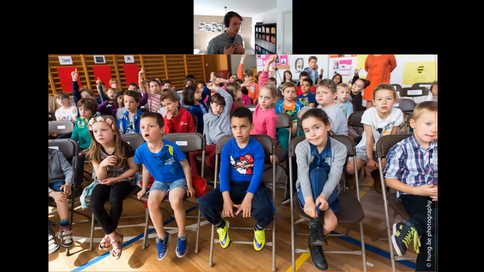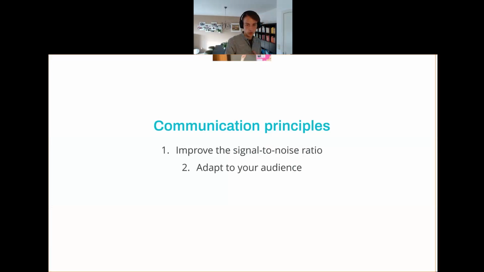And we as researchers often have the automatic intent to make everything as complex as possible, to show off maybe a little bit how hard we worked and how much we know about this topic. We want to make it seem a little bit more complex than it actually is. But what's actually more difficult is to make it as simple as possible. So adapting to your audience is the second key communication principle for me.